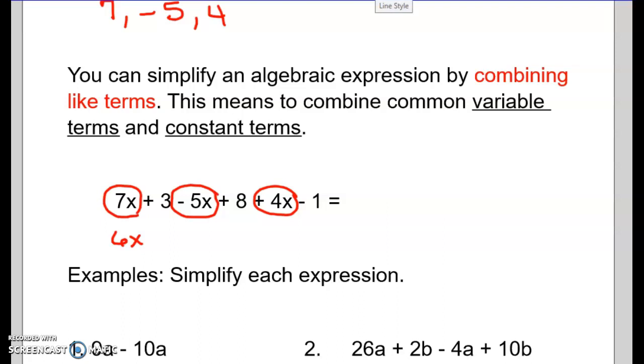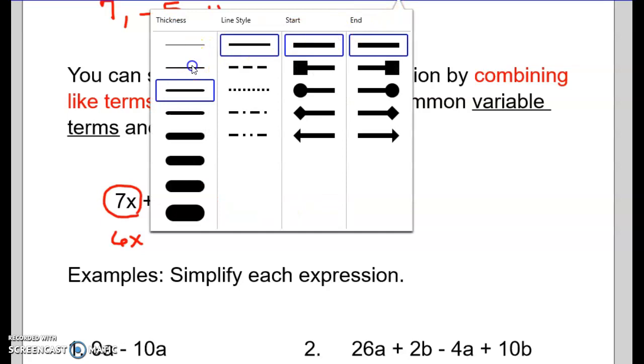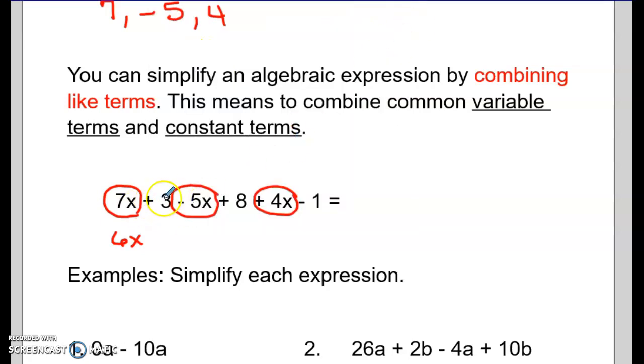Now let's look at our constant terms, or our terms without a variable. We have the number 3, and this plus sign goes with the 3. We have the number 8. There's no variable with the number 8, so this is our next constant term.